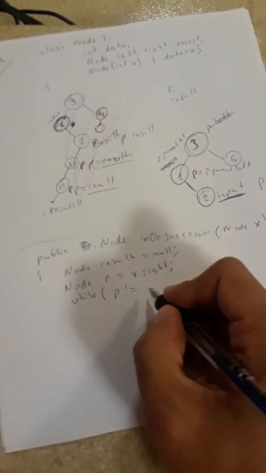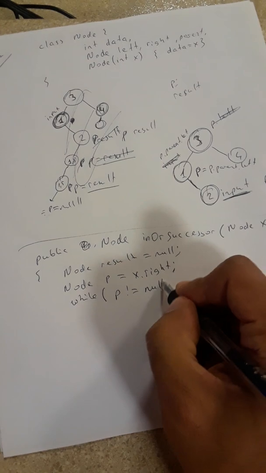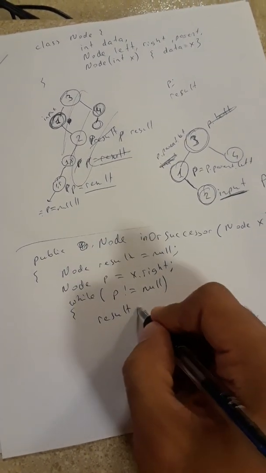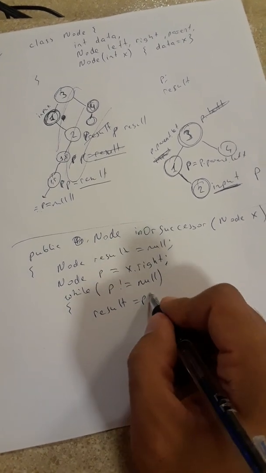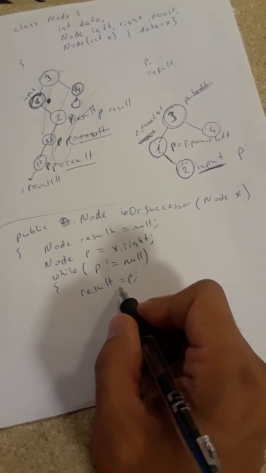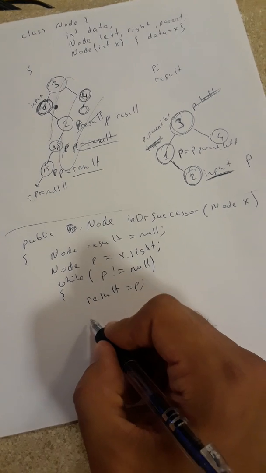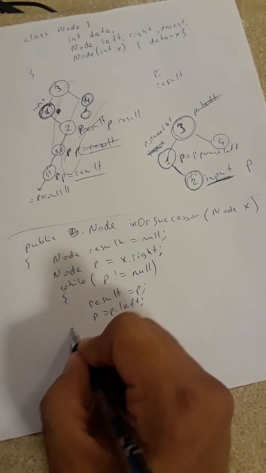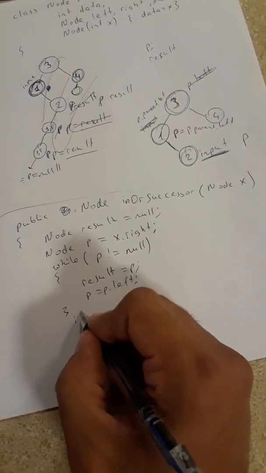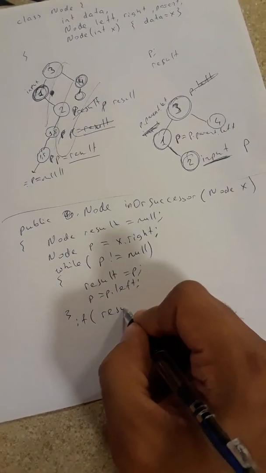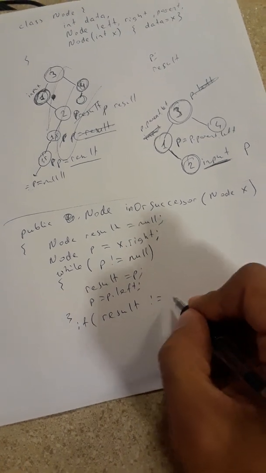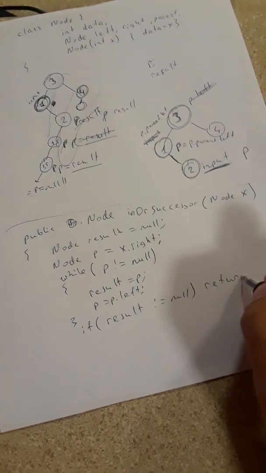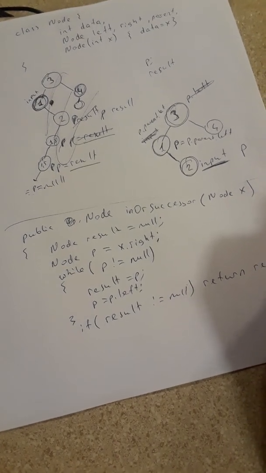We always make our result equal to p, and we move p always to the left. At the end, we check if our result is not equal to null, and in that case we just return result.